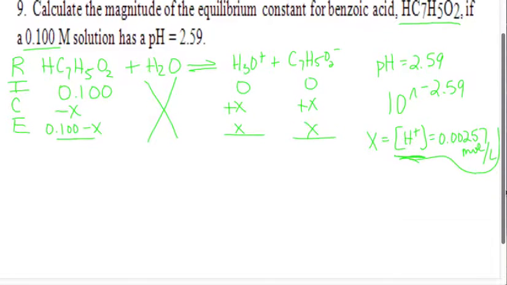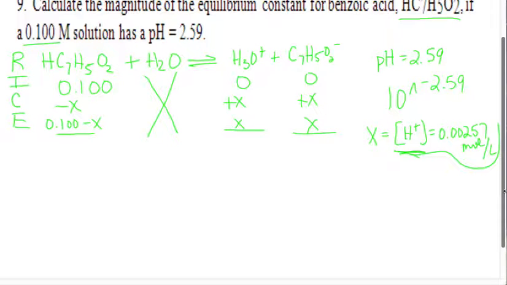Okay? All right, now that we have X, we can go ahead and put it in. Some of you might be thinking about dropping X at this point. We don't drop X if we know it. There's no reason to drop X if it's given to us. The only time we drop X is when we're trying to solve, and it alleviates the need for the quadratic or something like that.